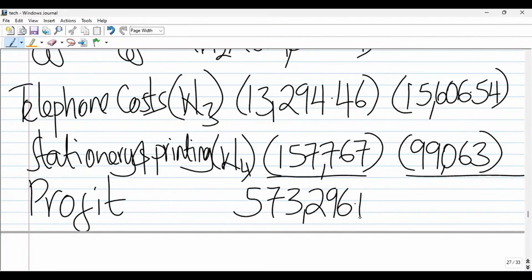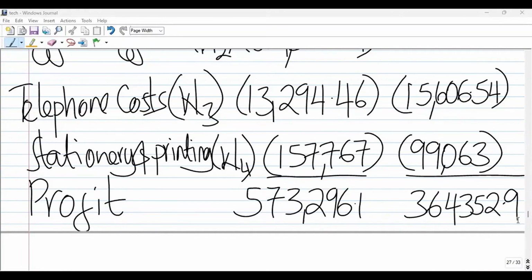Second, 364,352.9. So if we are to use the ABC system, that will be our profit.